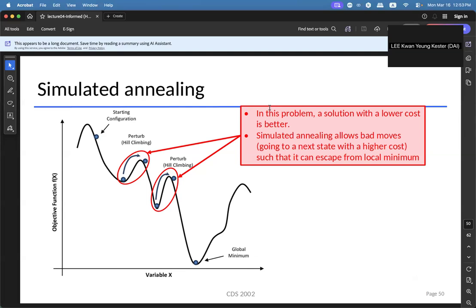I always want to minimize my cost and maximize my profit. This is one major application of AI in the world of business.